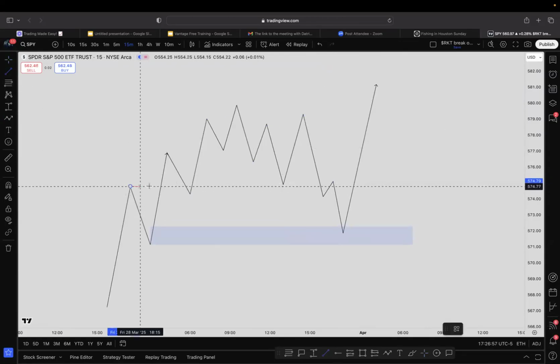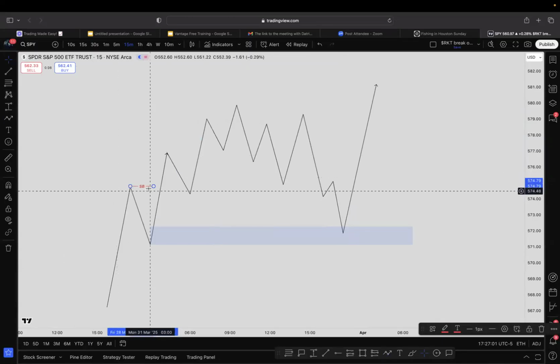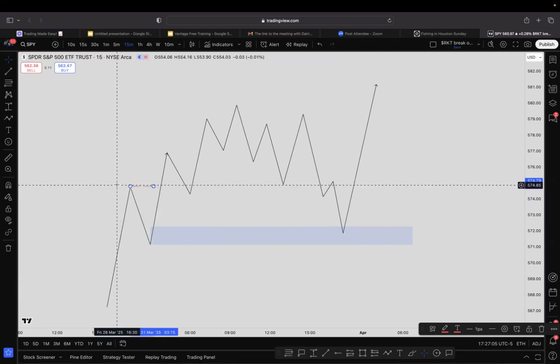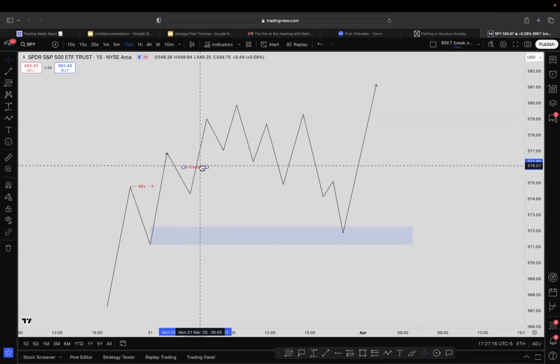So then let me just put all this here for you. Structure break, structure break. What is this?